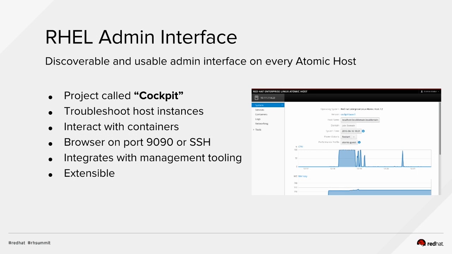You can then dive into this operating system to explore it, to discover it, and to troubleshoot it. There's a project called Cockpit. It comes installed in Atomic Host. It's very lightweight. You can interact with the containers on the host, other aspects of the host, its name, its affiliation to a domain, its networking, its storage.